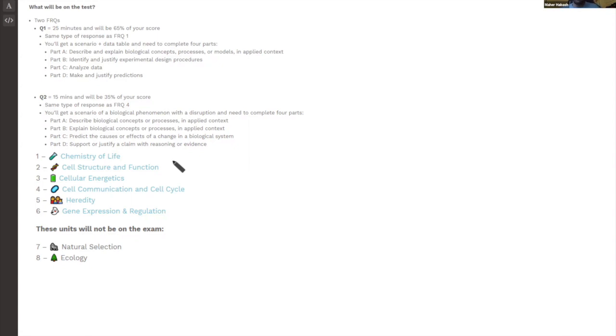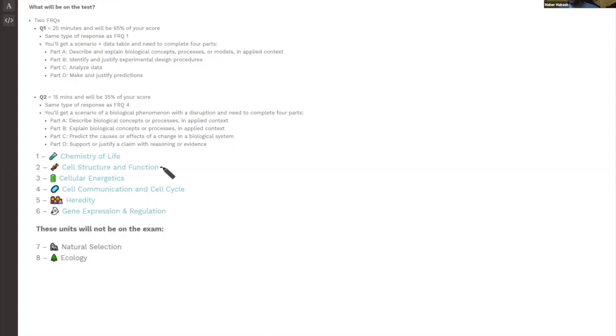Now, these 6 units are still going to be on the exam. The chemistry of life, dealing with macromolecules, why DNA holds itself together, and polarity, stuff like that. Cell structure and function. You know the differences between prokaryotes and eukaryotes, and even differences between plants and animals.